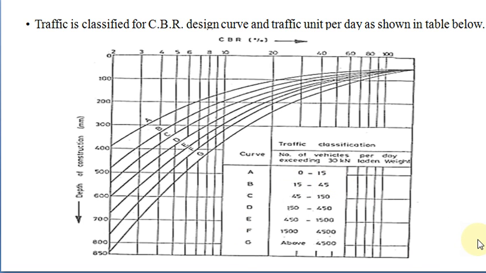For B, 15 to 45, C, 45 to 150, and D, 150 to 450. For the graph E, it is 450 to 1500 vehicles, F, 1500 to 4500, and for the graph G, the value is above 4500 vehicles per day, which are actually exceeding the 30 kilonewton laden weight.